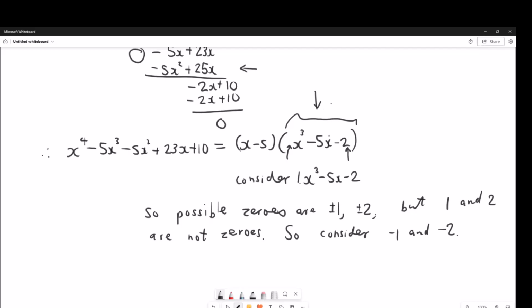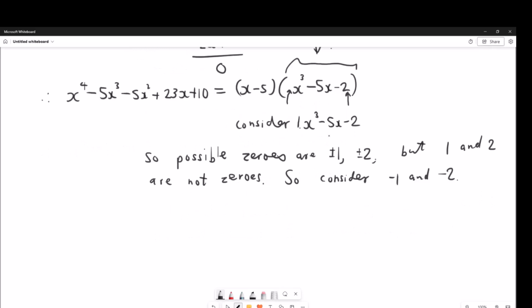Let's see quickly what that will give us. Consider P of -1.